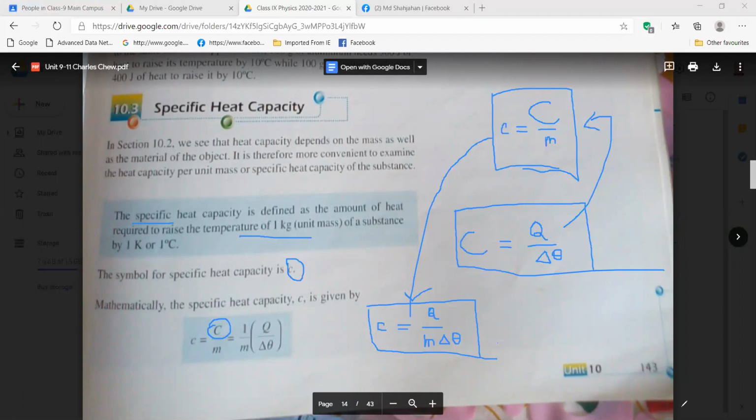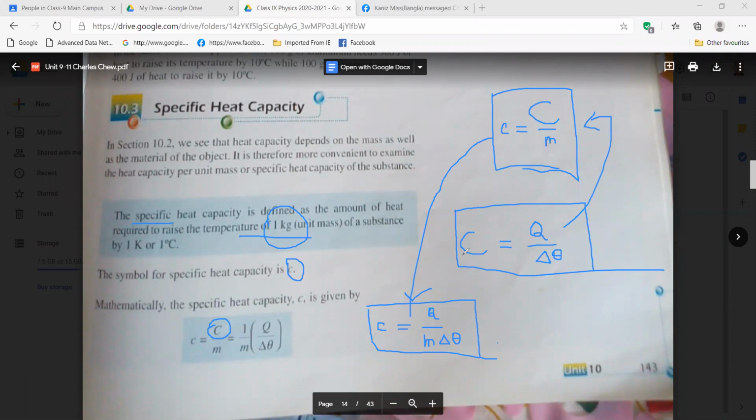Excellent. So specific heat capacity is for only 1 kg object, right? And heat capacity is for the whole object. Like you are taking a big tank of water. To raise the temperature of the big tank of water, the heat required is heat capacity.